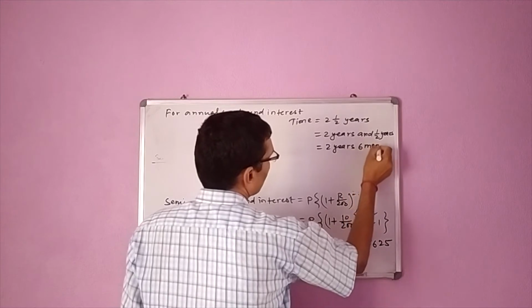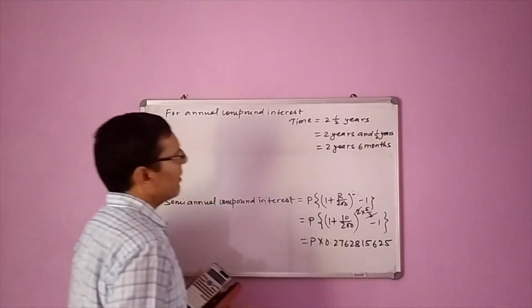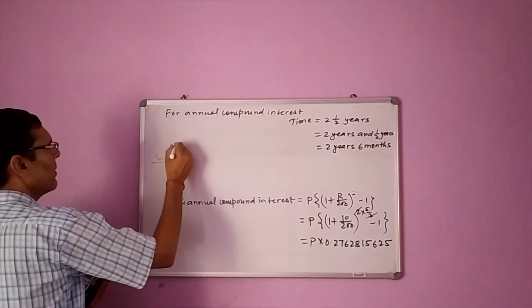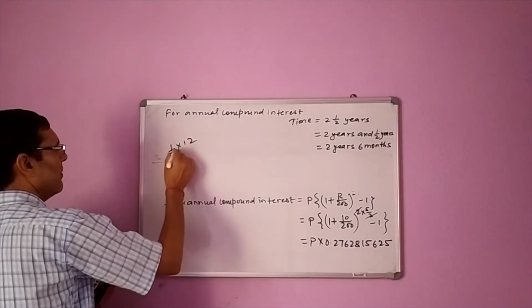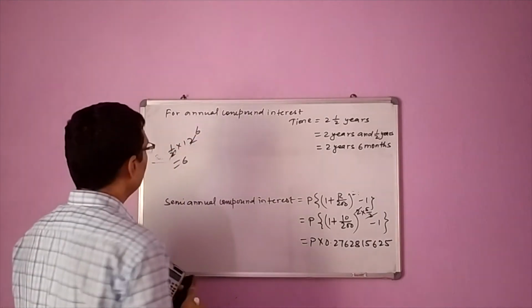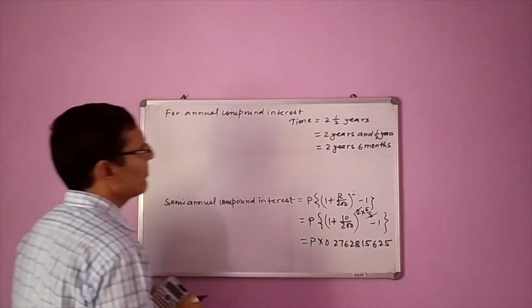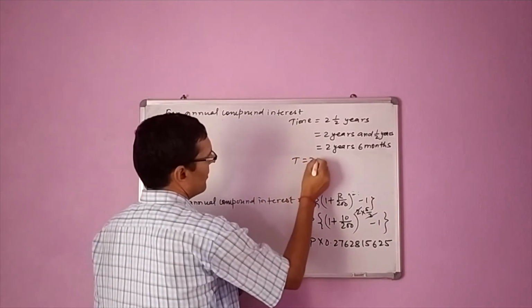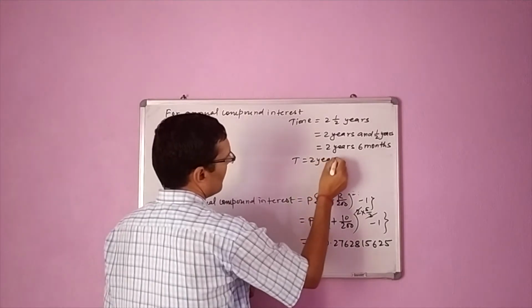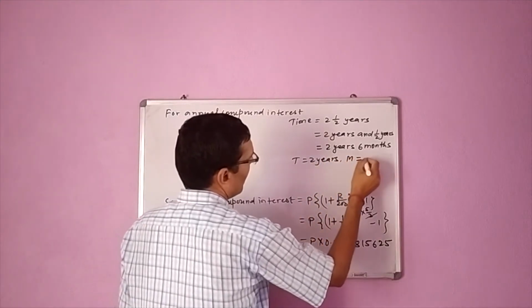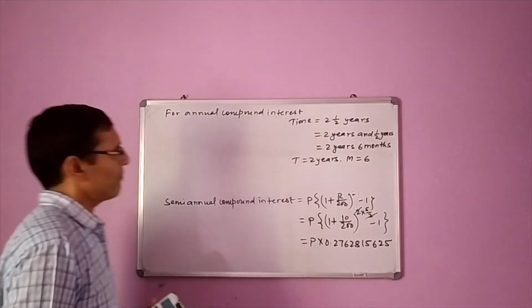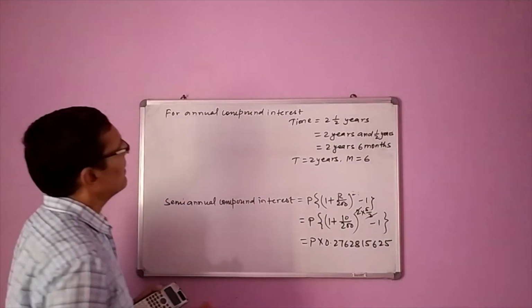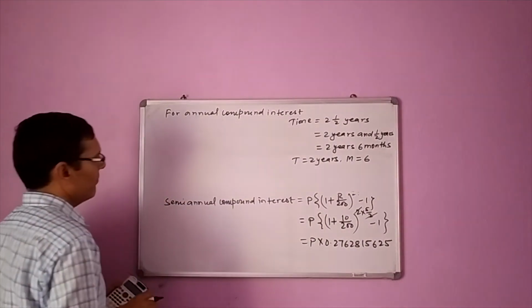Two years, 6 months. 1 by 2 years is 6 months. So we write this time as T is equal to 2 years and the value of M is 6 for annual compound interest.